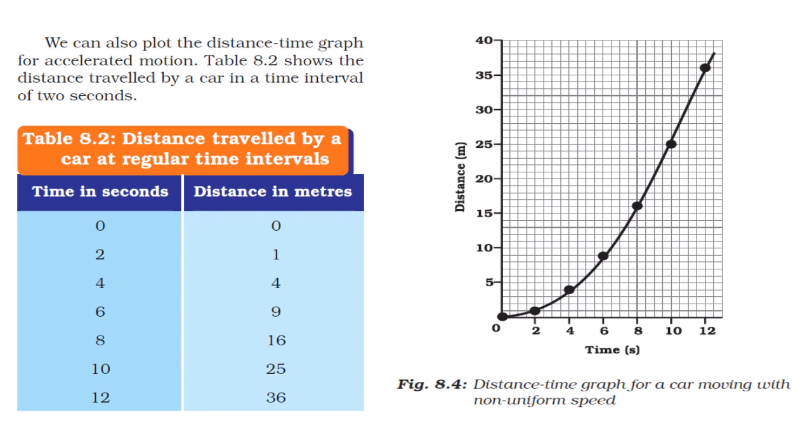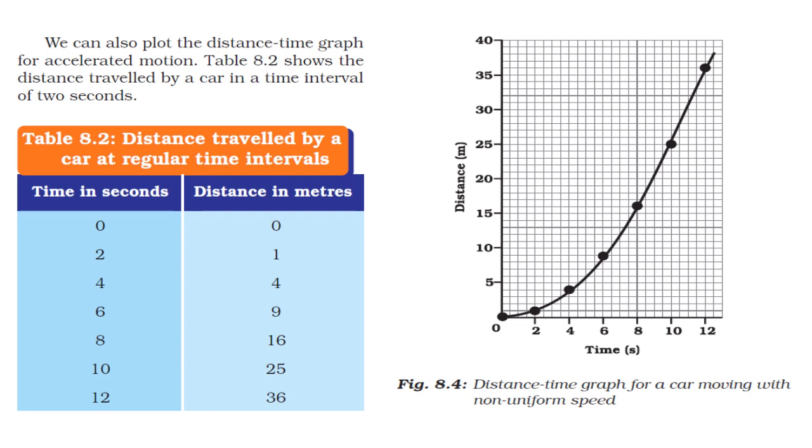So when the object covers unequal distances like 0, 1, 4, 9 and so on, in equal intervals of time, the graph is shown like in this picture. If you plot all the points on the graph, we get a curve which moves upward. This shows that the object has non-uniform motion, or the object moves with a non-uniform speed.